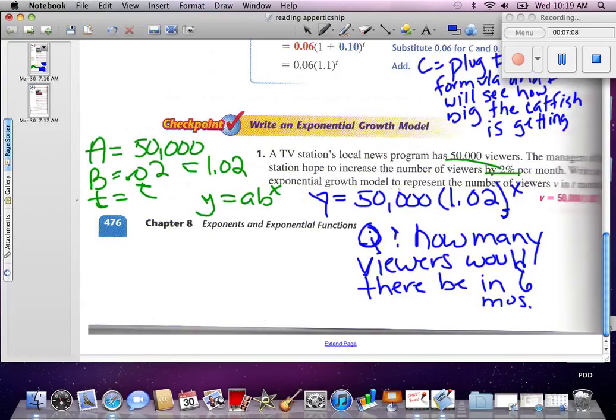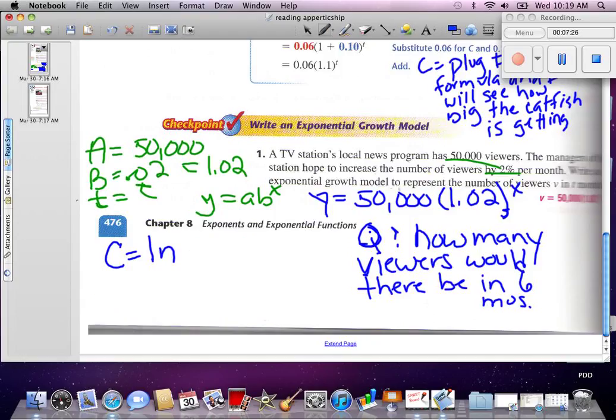Let's say I finished reading both those 2 pages that you have to read. I might conclude, my conclusion might be that for an exponential growth model, the number's always going to get larger. My answer is always going to get larger, my numbers. So that might be my conclusion.